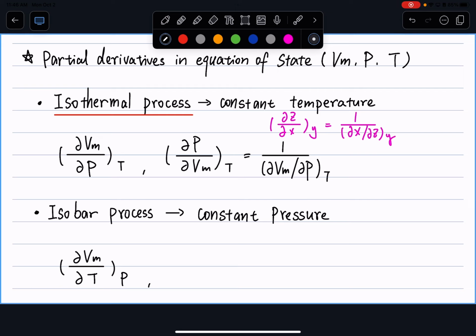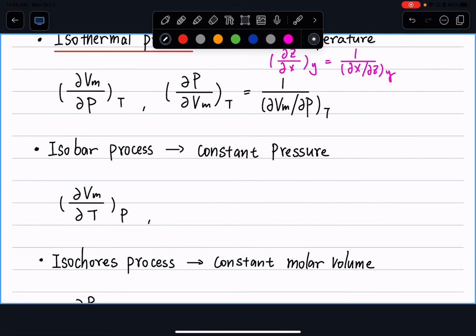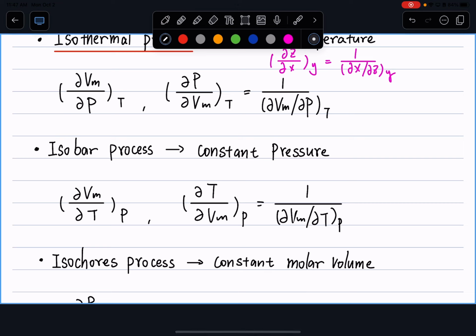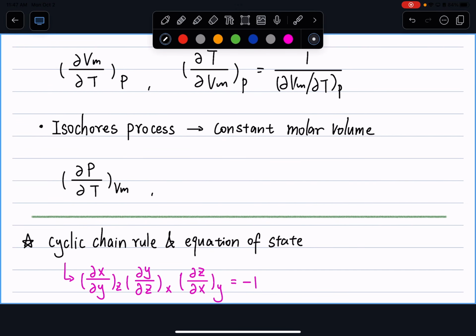Using that same logic, you can build the relationship for the isobaric process, meaning constant pressure: the partial derivative of T over Vm at constant P equals 1 over the partial derivative of Vm over T at constant P. And likewise, for isochoric, we have constant molar volume, so Vm is held constant.